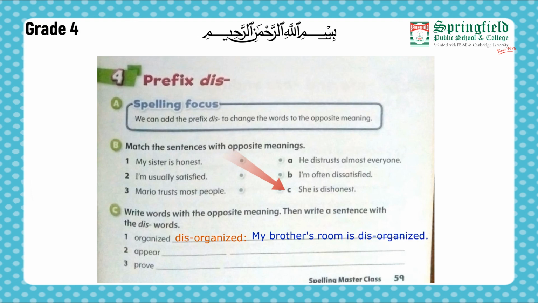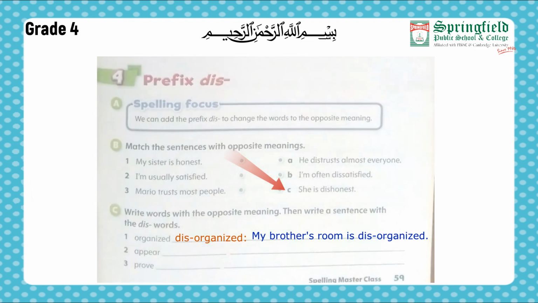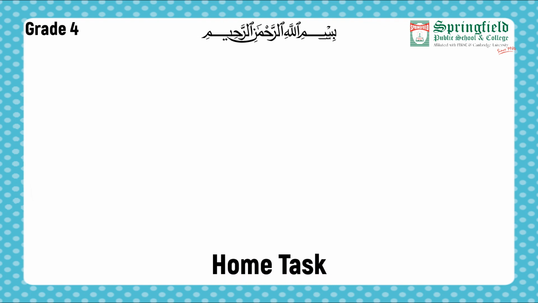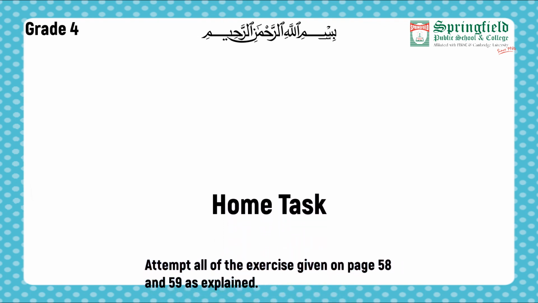In the same way, you have to write down the opposite of the words appear and prove as well by adding the prefix dis to them, and then you have to use those in sentences of your own. So dear students, I hope that you have understood pages 58 and 59 clearly, and then I am sure that you have learned a few new things here.